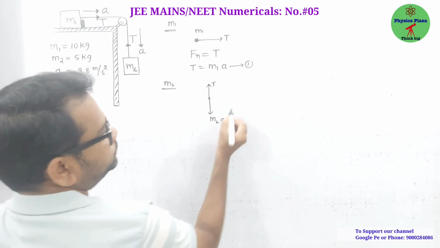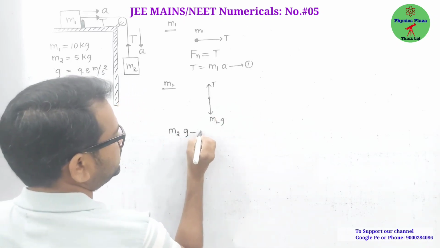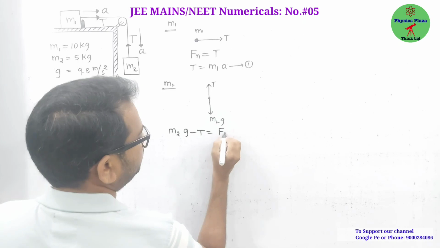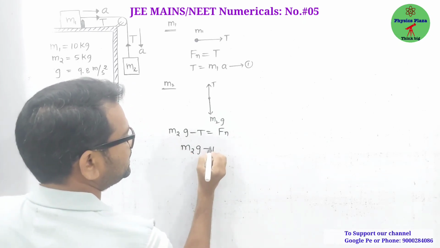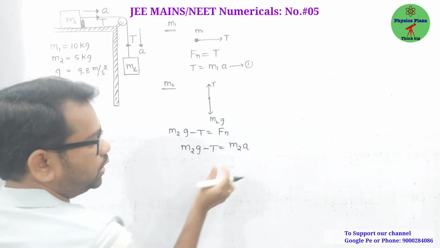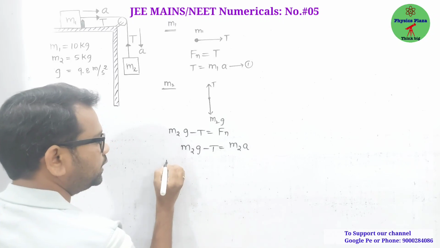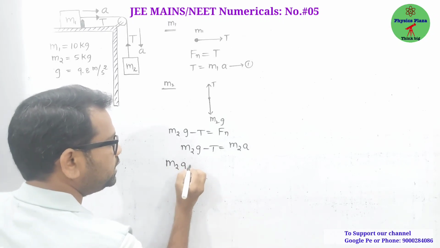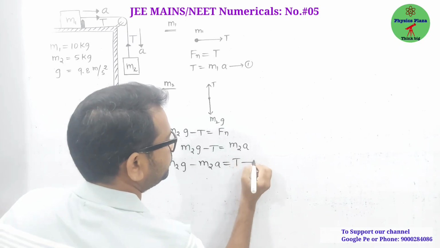So M2G minus T is equal to F net. As per Newton's second law of motion, M2G minus T is equal to mass into acceleration, M2A. Now take the tension to the right side, so that is M2G minus M2A is equal to tension T. Let us call this equation 2.